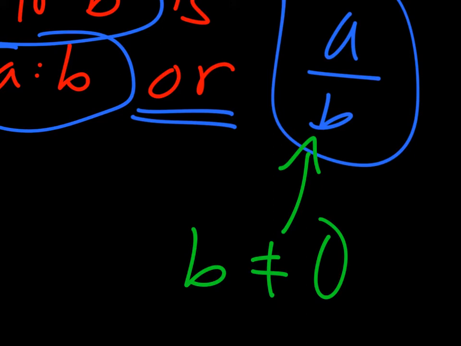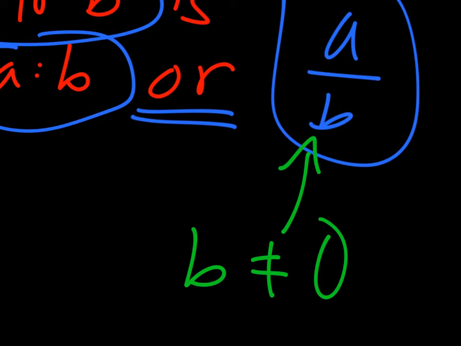All right, and then we have what's called a unit rate. A unit rate is a rate with a denominator of 1, okay?